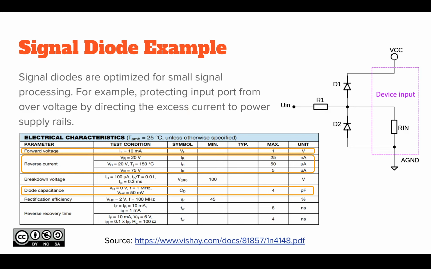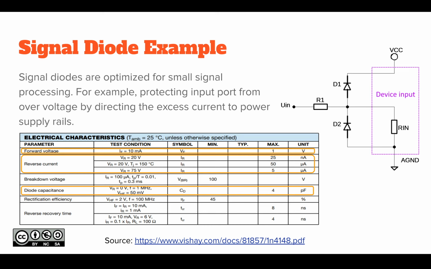Okay, then we have different kinds of diodes, like signal diodes, and they are optimized for signal processing, small signals, meaning say milliamp currents and a few volts. For example, here the signal diodes are used to protect the input port from overvoltage.